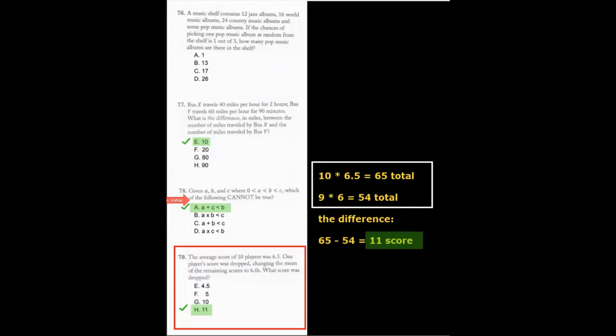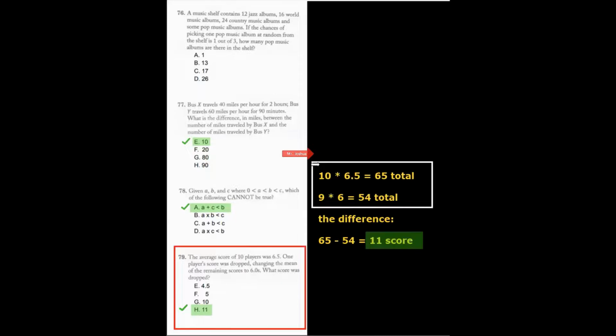Question 79. The average score of 10 players was 6.5. One player's score was dropped, changing the mean of the remaining scores to 6. What score was dropped? Well, first we can compute the total amount. Based on 10 players, it would be 65 points total score.